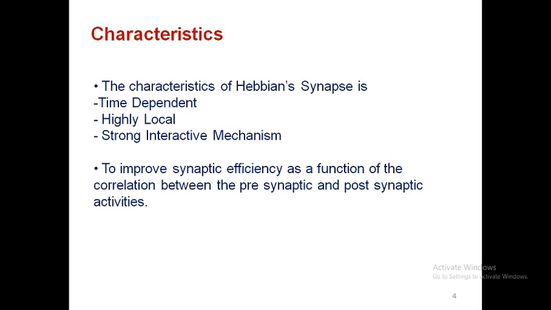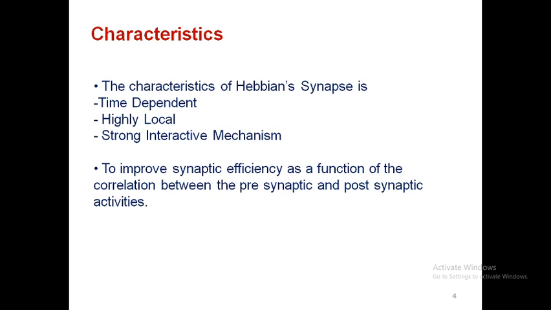Because of that strong interactive mechanism, both will try to activate at the same time, to improve the synaptic efficiency as a function of the correlation between the presynaptic and postsynaptic activities. That correlation should be there between the presynaptic and postsynaptic nodes to have the above characteristics.